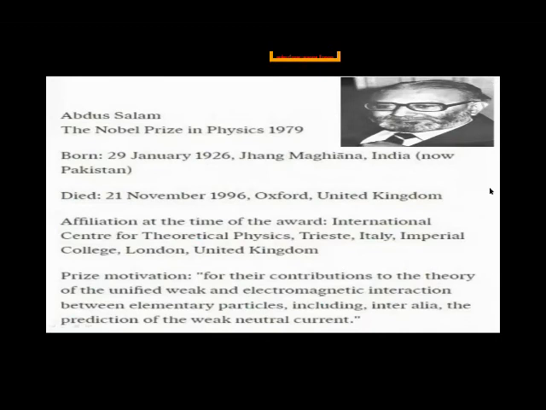Now, the next Pakistani scientist was Abdus Salam. Abdus Salam received the Nobel Prize in Physics in 1979, the first for Pakistan. He was born on 29 January 1926 in Jhang, Punjab, India, now in Pakistan.